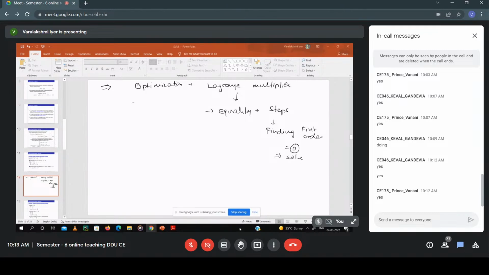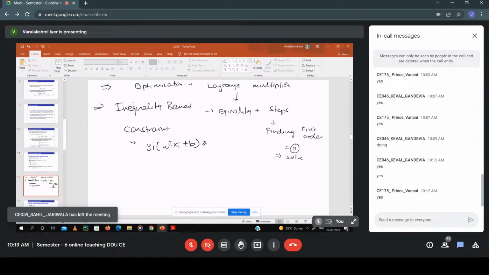Now, suppose we have an inequality based constraint. Inequality based constraints means, for example, the one in our SVM problem, that is yi into (w transpose xi plus b) is greater than or equal to 1. This is an inequality based constraint.